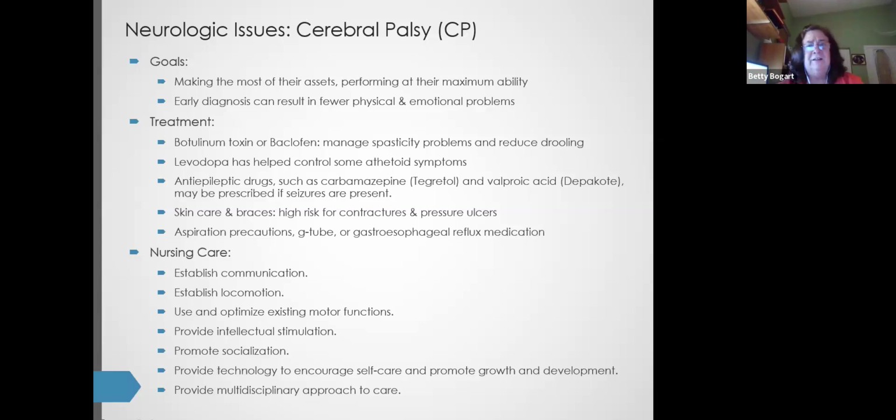So, all levels. Now, little Jonathan was very spastic, so we needed to do something to relax his muscles. So they use botulism toxin to help the muscles, the drooling, and to help him eat. We only put small amounts in his mouth and he doesn't eat that well, but that's the goal.